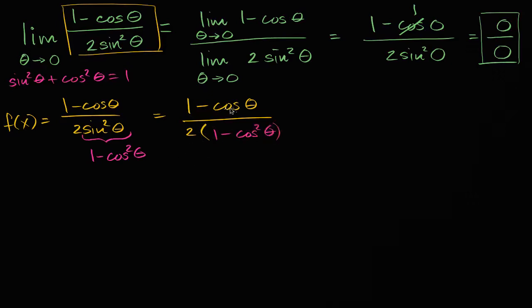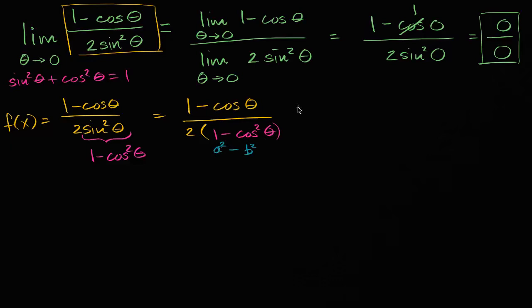Now, this is a 1 minus cosine theta. This is a 1 minus cosine squared theta. So it's not completely obvious yet how you can simplify it until you realize that this could be viewed as a difference of squares. If you view this as a squared minus b squared, we know that this can be factored as (a plus b) times (a minus b).